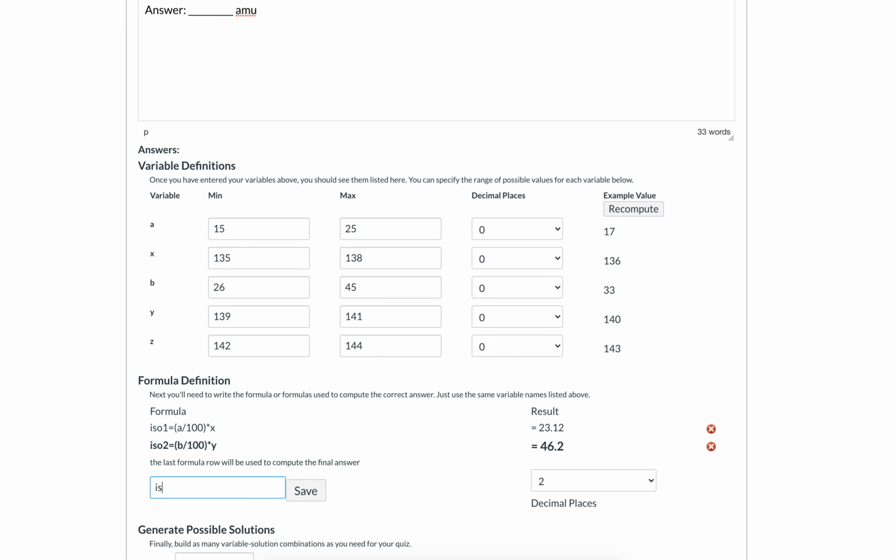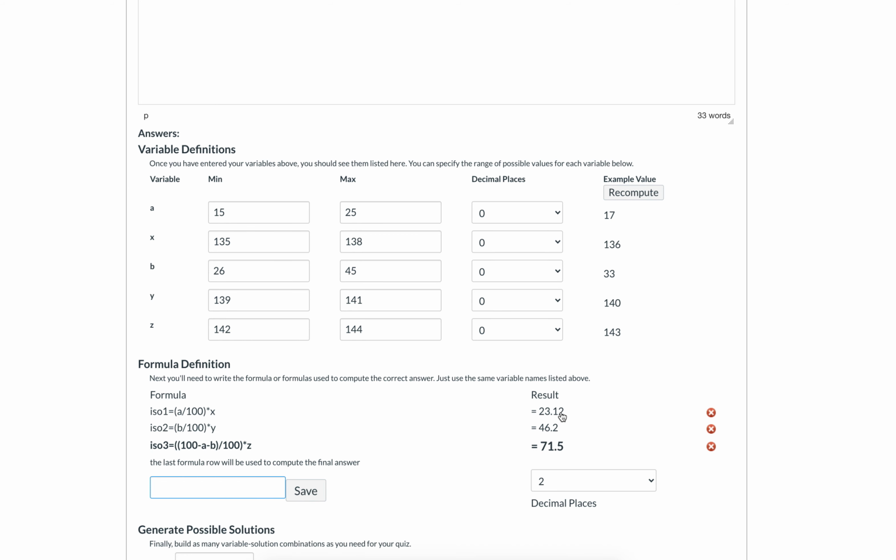And then we're going to do the last thing with this one, iso 3. Now in this case, since it does say the remainder, it would have to be 100 minus A minus B, but we want to turn that into a decimal as well. So we can close that, divide by 100, and then multiply that by the mass of Z.